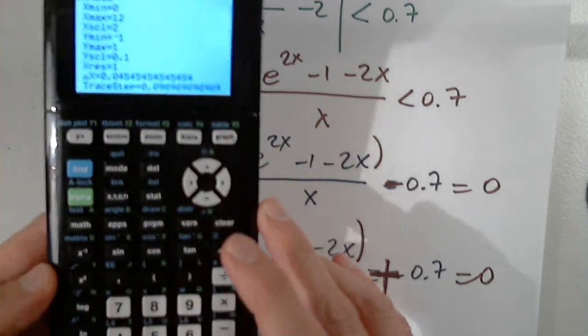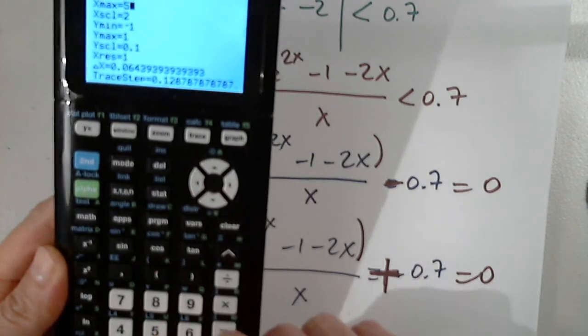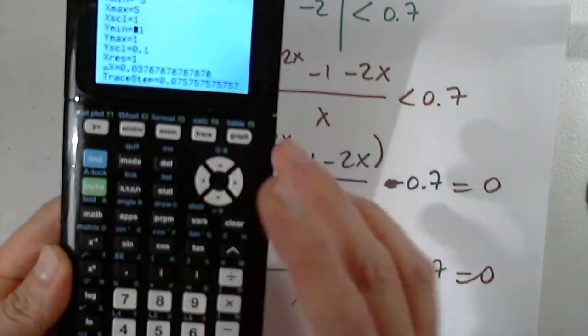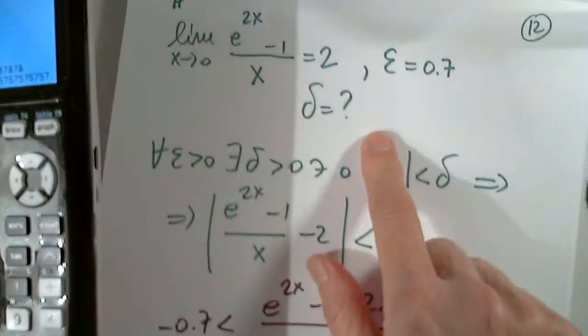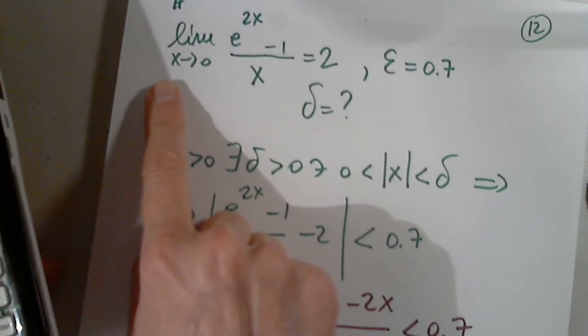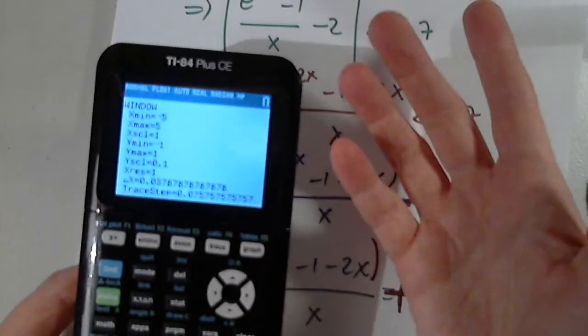Let's say between negative 5 and positive 5 for x with a scale of 1. I'm not sure what to select for y, but I'm looking at close to 2. So x is close to 0, the limit is close to 2, so obviously it has to include 2.